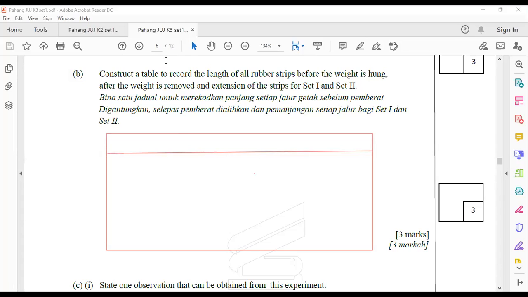Now you are going to have your title as set. You will have set 1. Then you will have set 2.